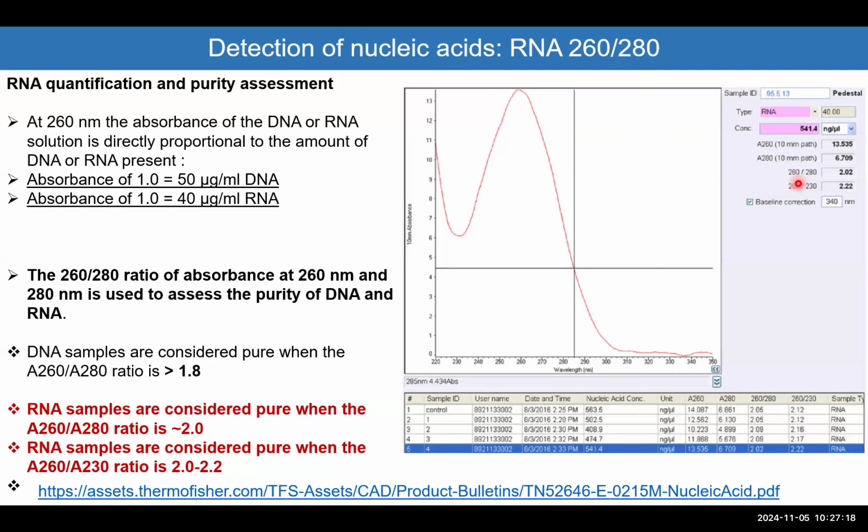And in this example here, 260 to 280 is around 2.02. Impurities that show up at 230 or at 280 are also quantified by the 260 to 280 ratio, and the ratio should be around 2 to 2.2, which is just perfect in this example.